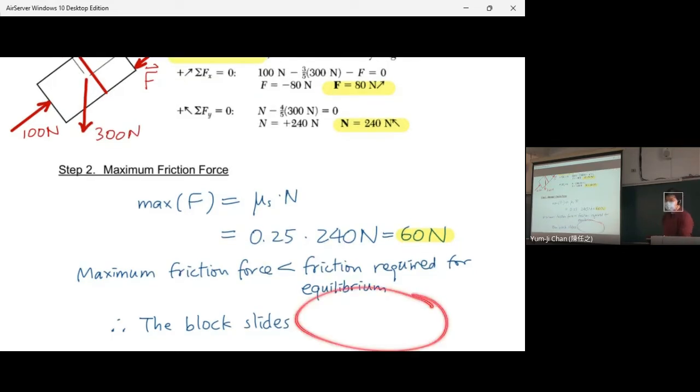But we need to determine the sliding direction of the block. You first write it down. Please take your time to write it down first, and I will talk about the next step.